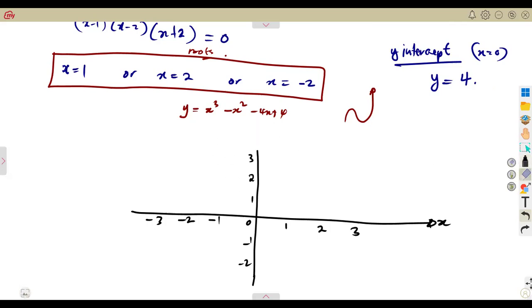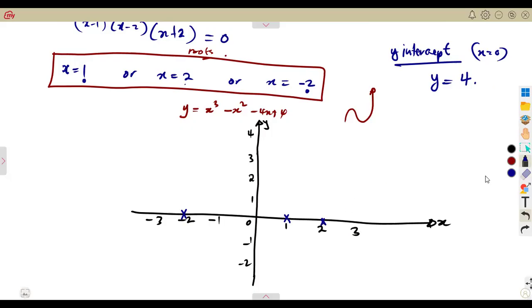All right, so this is what we are going to have. The intercepts: at minus 2, we've got a negative there. So you're going to mark minus 2, 1, that is 1, and 2, that's a 2 here.